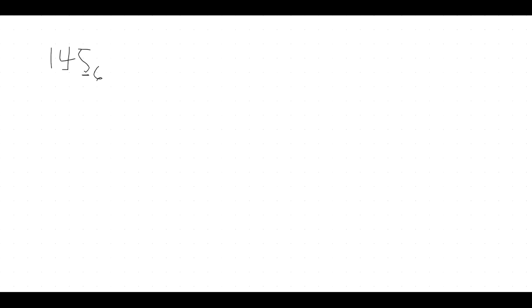So we are looking at 145 base 6 to base 10. Now, this 5 means 5 singles, right? And a 4 means what? 4 groups of 6, right? So if the 4 here means 4 groups of 6, then this one will mean 1 group of 6 6s.